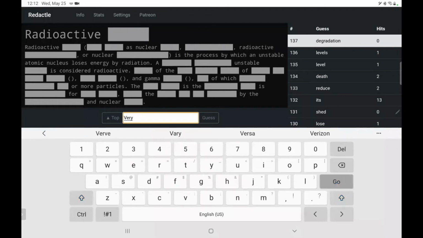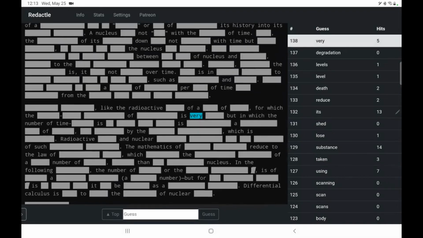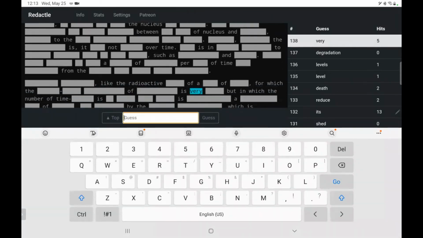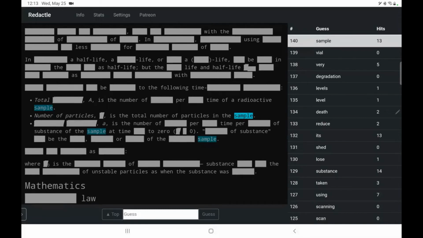I'm just going to try some simple words here. Very. I'm thinking this radioactive something of a something of something. So it's an amount of, or could it be a vial, sample, 13 samples. Okay.